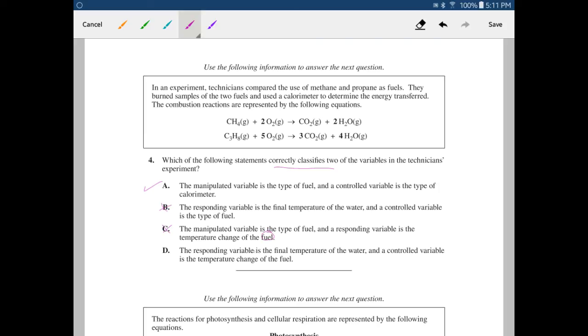Okay, so we see the responding variable is the final temperature of the water, which should be correct, and the controlled variable is the temperature change of the fuel. Again, we cannot change or adjust the temperature change of the fuel. However, we can give the fuels a certain activation energy, but the temperature change is not going to be something that we can control. So the correct answer here is A.